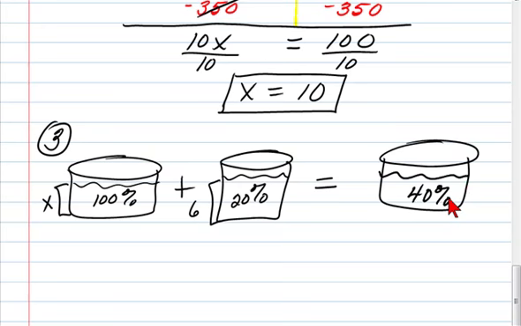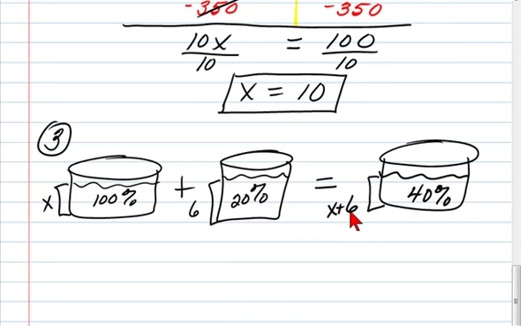The part that you have to figure out that is not implied in the problem is what's the volume of that one? What's it going to be? It's going to always be this volume plus this volume, x plus 6 in this problem.